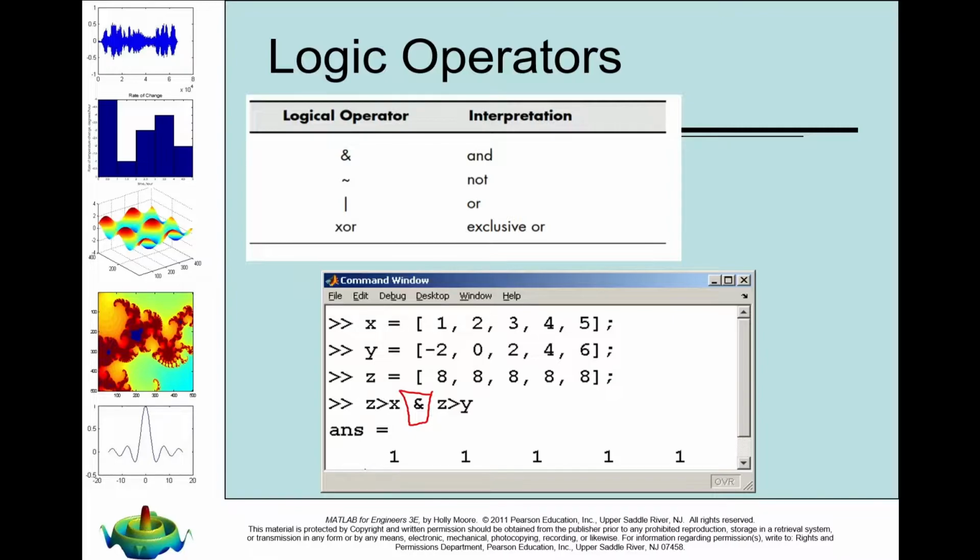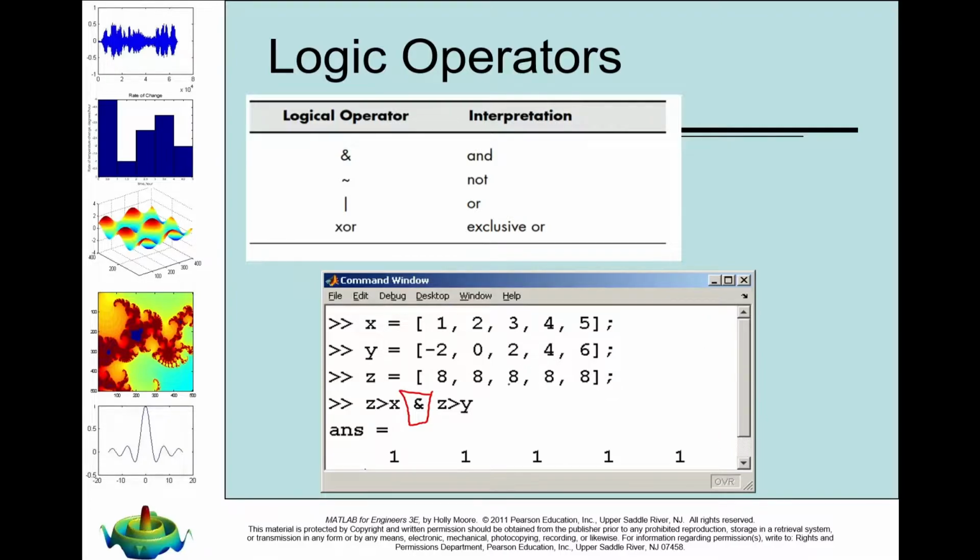MATLAB will return 1, 1, 1, 1, 1, because z is greater than both x and y. Actually, we want to find out whether z is greater than x and y. So the comparison is true for every element.